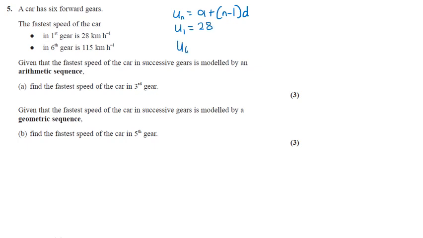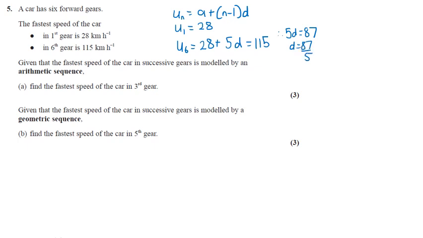And we know that u6 is going to be equal to, well, we already know what a is, 28, so we can say 28 plus n minus 1, so that's 5 times d. And that's equal to 115. So if we take the difference of those, we get 5d is equal to 87. So d is 87 over 5.